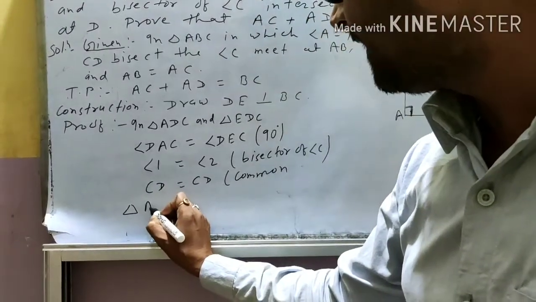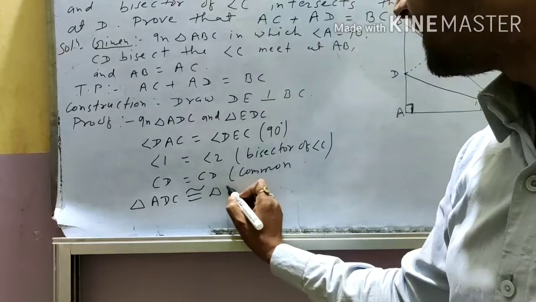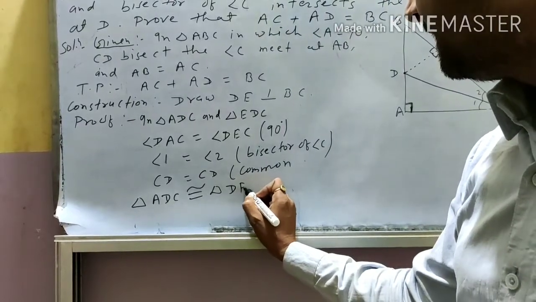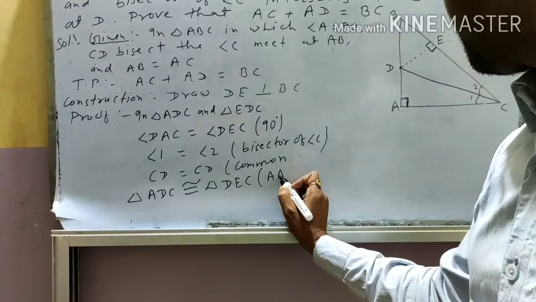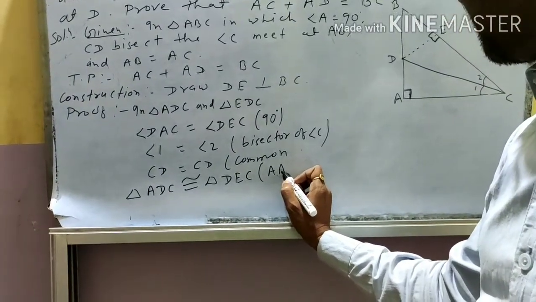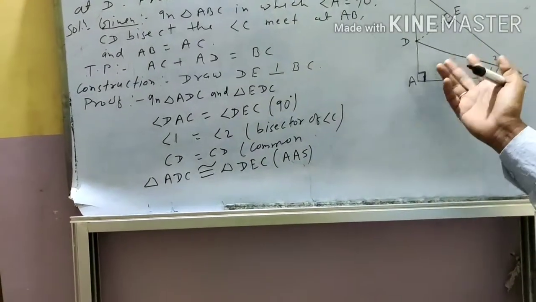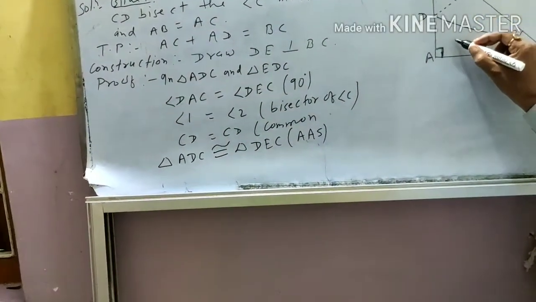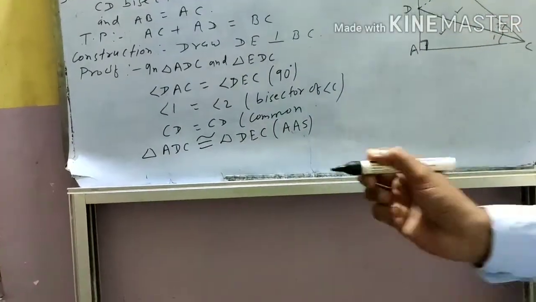So triangle ADC is congruent to triangle DEC by the angle-angle-side criteria. That means this triangle is congruent to this triangle. What is CPCT?